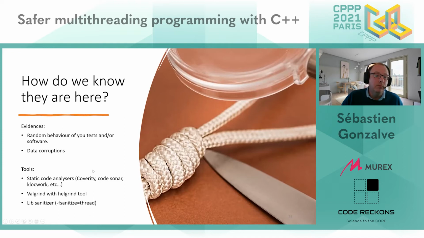And you may, and should probably, use tools to detect them, especially if your software is using quite a lot of threads. There are two kinds of tools. There are static analyzers. Here are some examples: Coverity, CodeSonar, Klocwork. There's a presentation about CodeSonar, I think this afternoon.